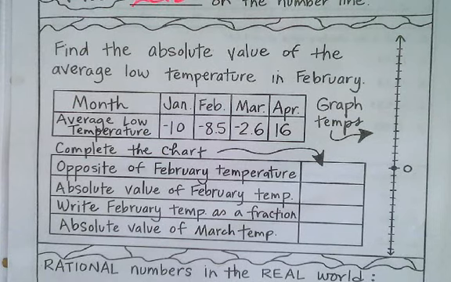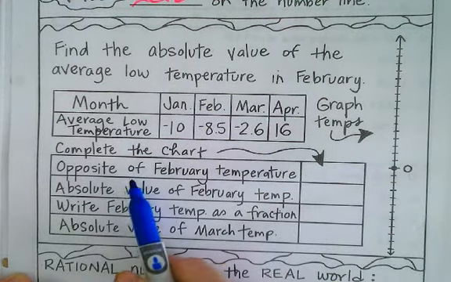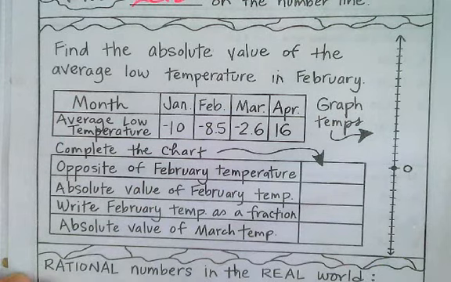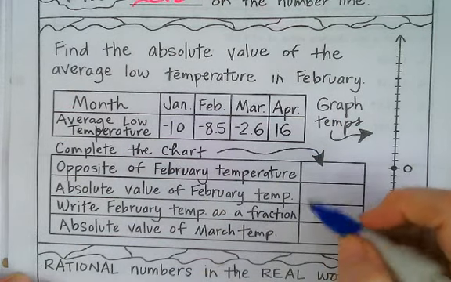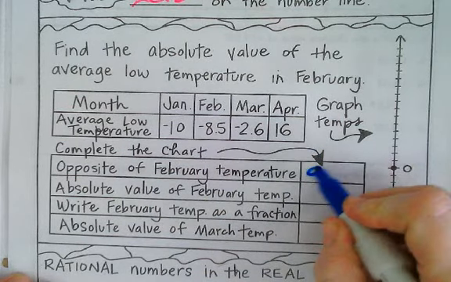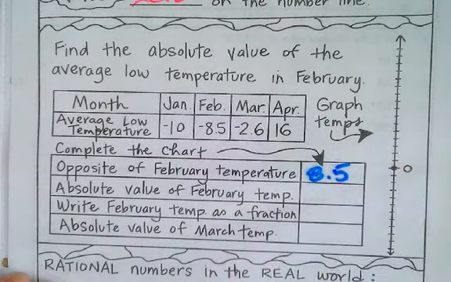So, what is the opposite of the February temperature? Well, we have negative 8.5, and since the opposite has to be a positive, and it has to be the same exact distance from 0, then it would have to be the same exact number, just positive 8.5.